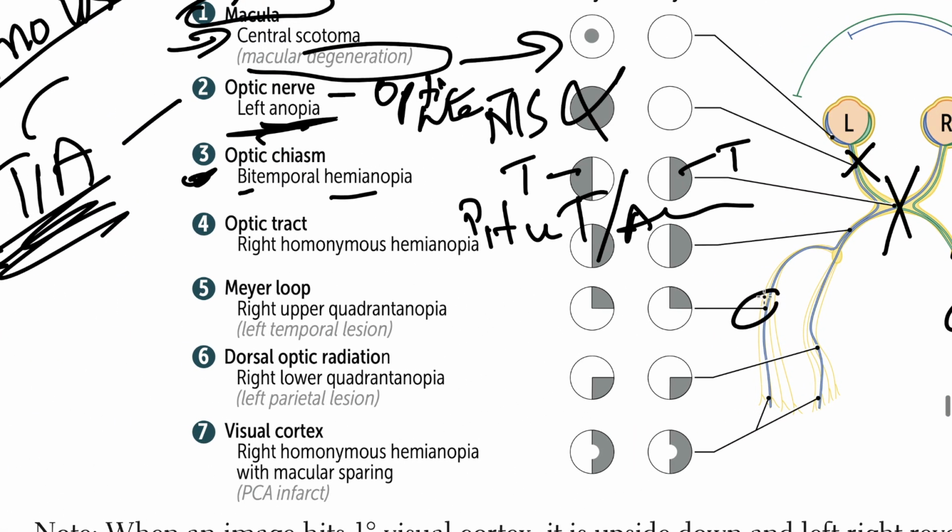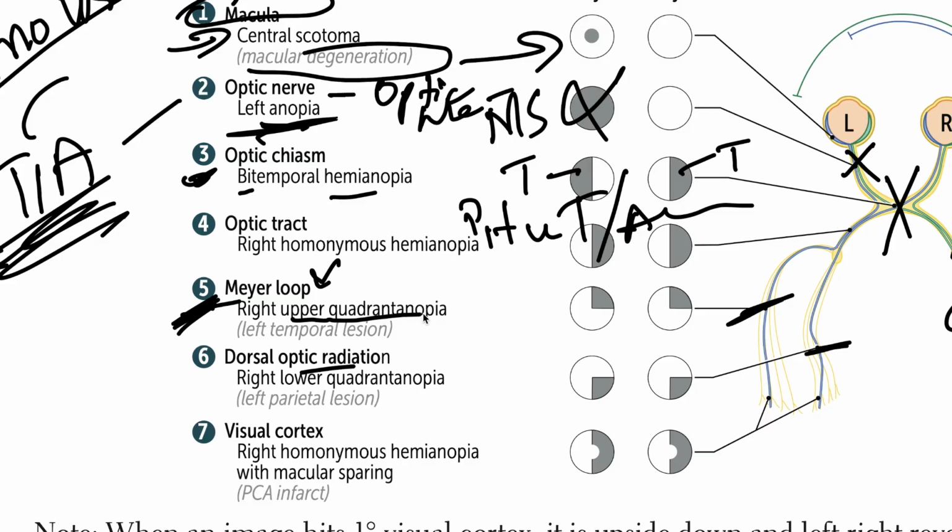So when we hit the Meyer loop, when we knock this Meyer loop out, this is the Meyer loop. You can read it there. And the other one is what? The dorsal optic radiation. When you knock this Meyer loop out, it's going to cause a deficit in the upper quadrant.